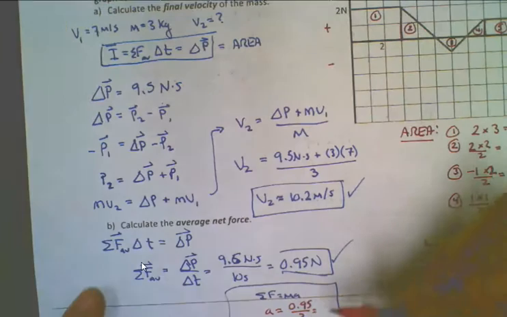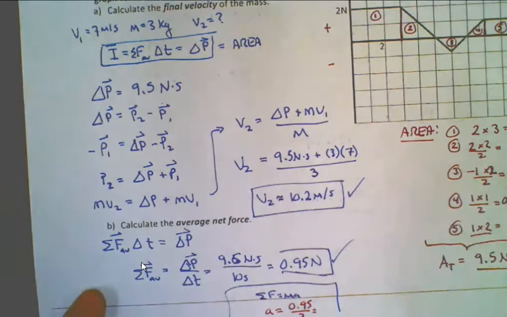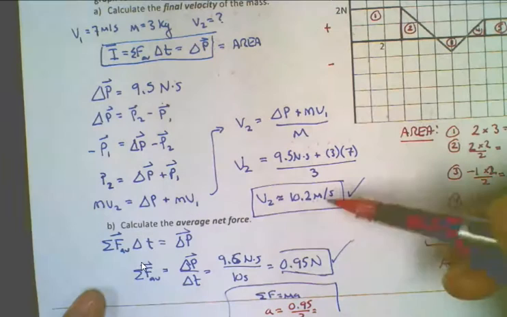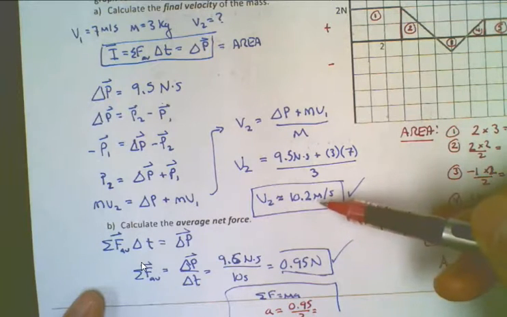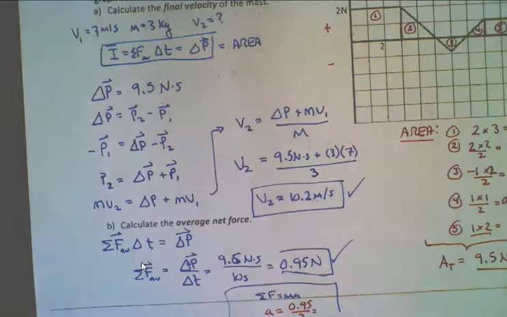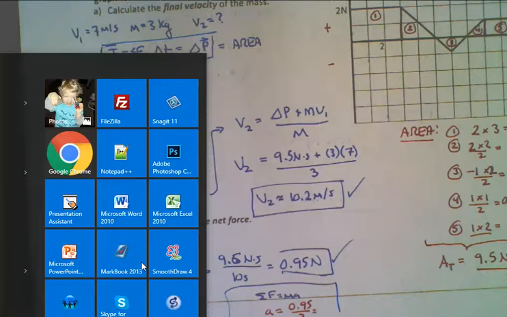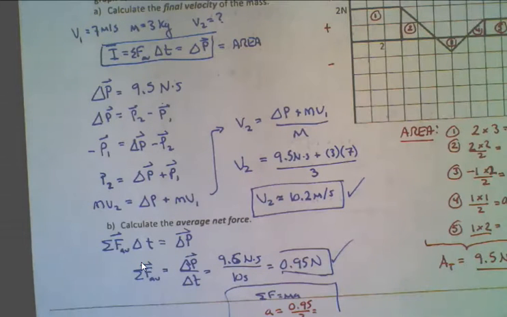If we multiply it by the time, which is 10 seconds, and then add the 7 meters per second, you would get exactly 10.2 meters per second. And just to prove that, you can pull up the calculator to check that calculation.